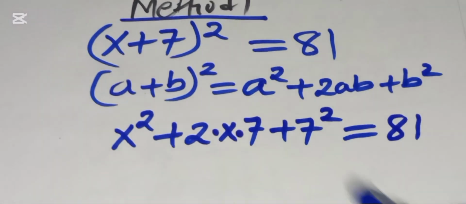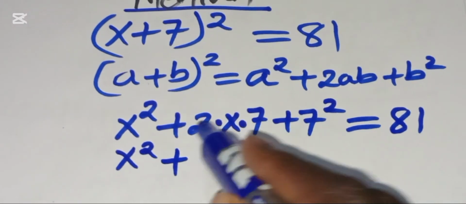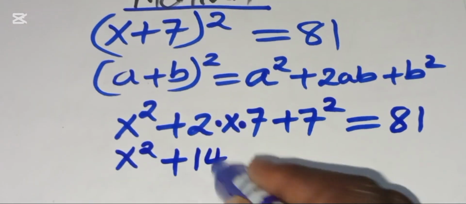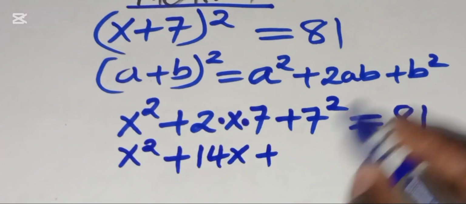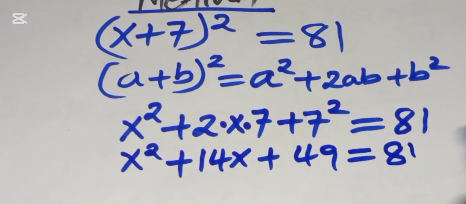So this is x² + 14x + 49, which is equal to 81.